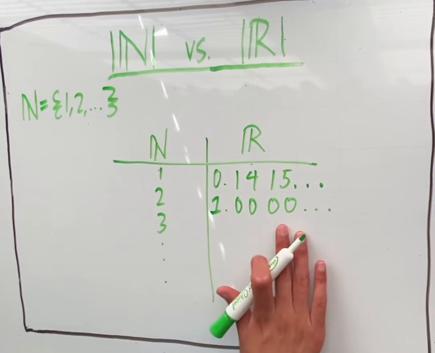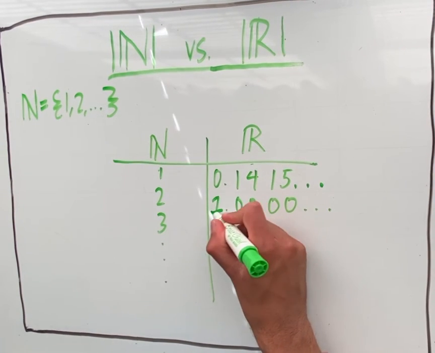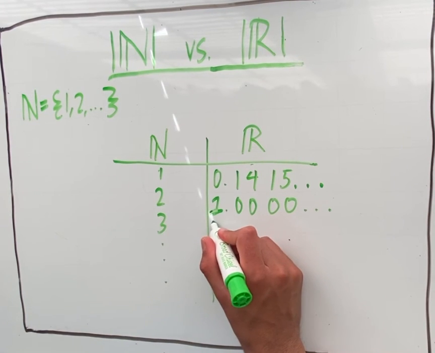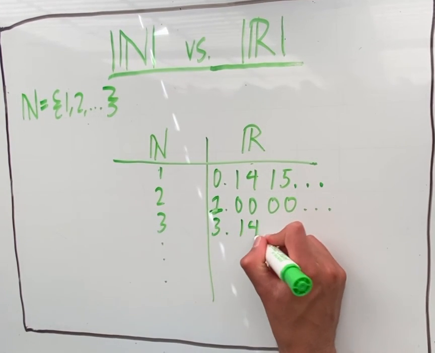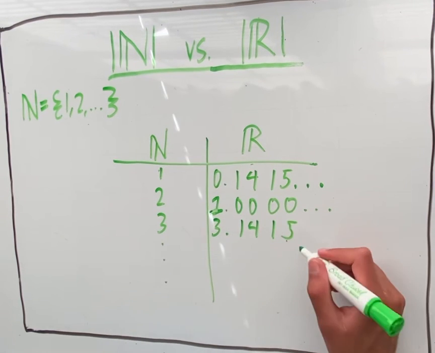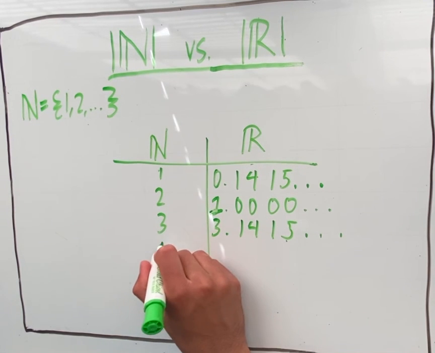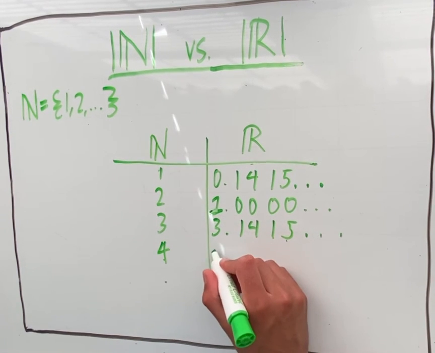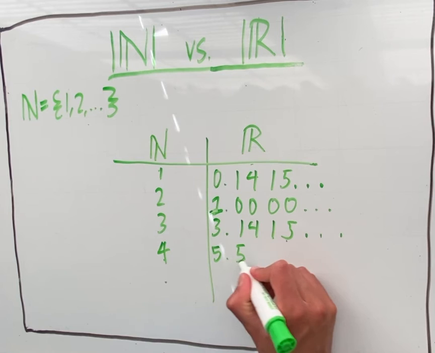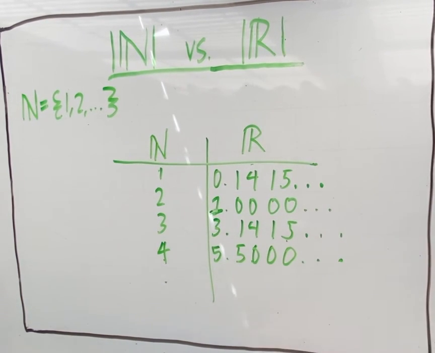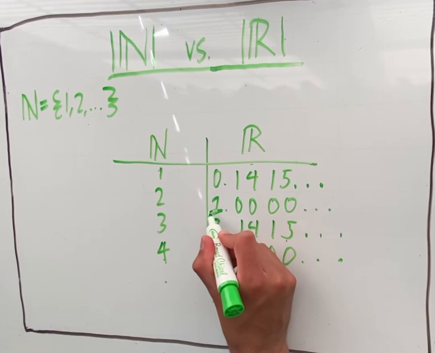It's just the regular number 1, but we'll write it this way because you'll see why in a moment. Then we can have maybe pi, which is close to that. Let's add a couple more here. Let's have 5.5, and then again just zeros would follow, and that should be enough.